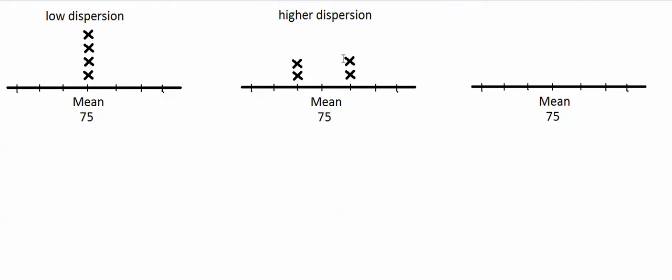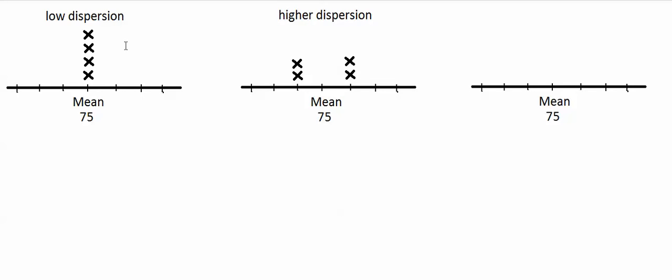And one way to think about dispersion is based on how far the data values are from the mean. When the data values are more spread out and there's higher dispersion, the data values are further away from the mean at the center.